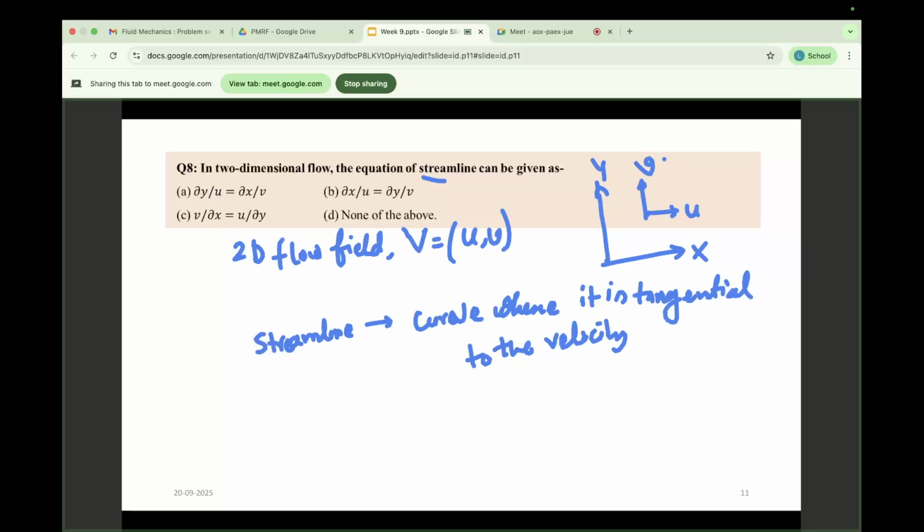So that means if I find tangential, there is some discussion about the slope.